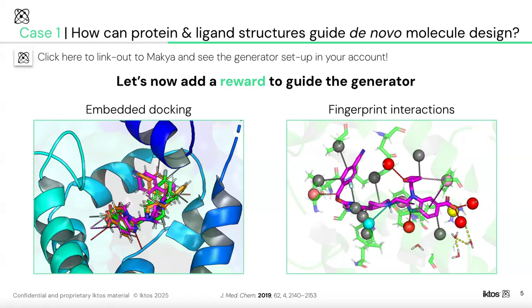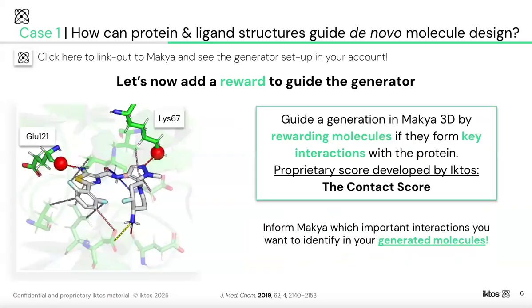On the right, we take it a step further with fingerprint interaction scoring, a more detailed assessment of how well the molecule replicates or enhances key protein ligand contacts. Together, these two rewards turn Makya from a generator into a targeted optimizer, focusing exploration on molecules that are not only synthetically feasible but also biologically relevant.